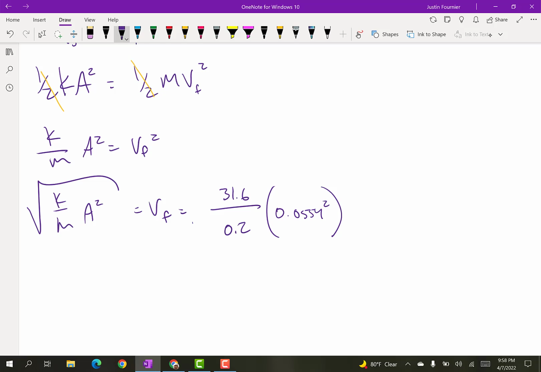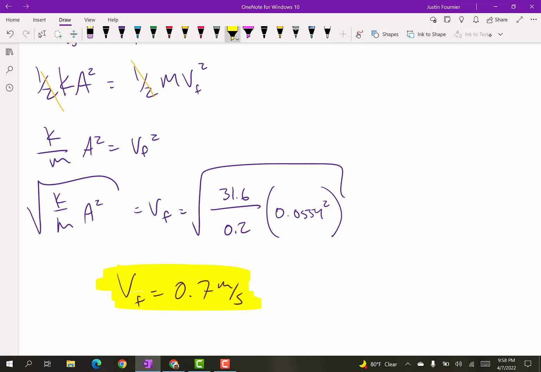Taking the square root of all that. Okay, let's plug that in the calculator. And then square root all that, and I get about 0.7. So my final velocity is 0.7 meters per second. That's what I think is going to be the maximum velocity.